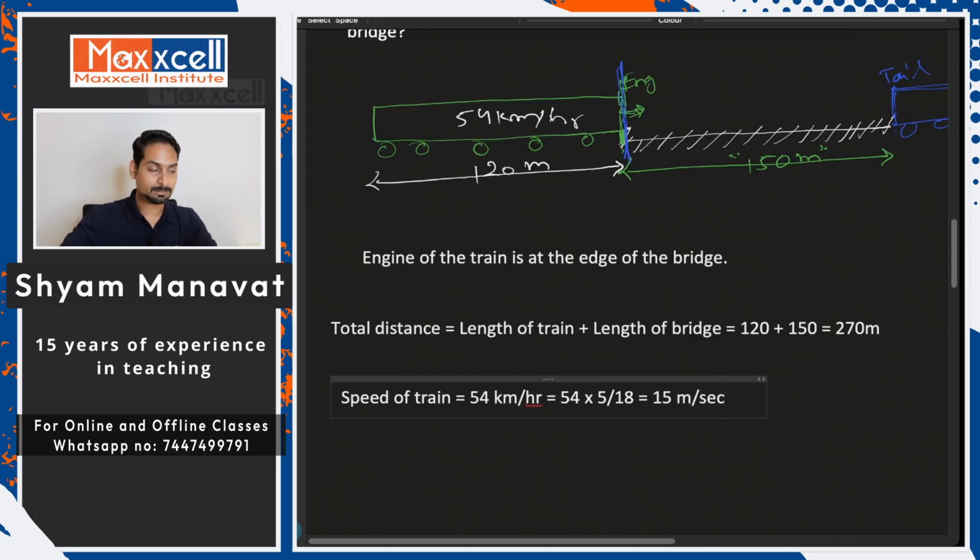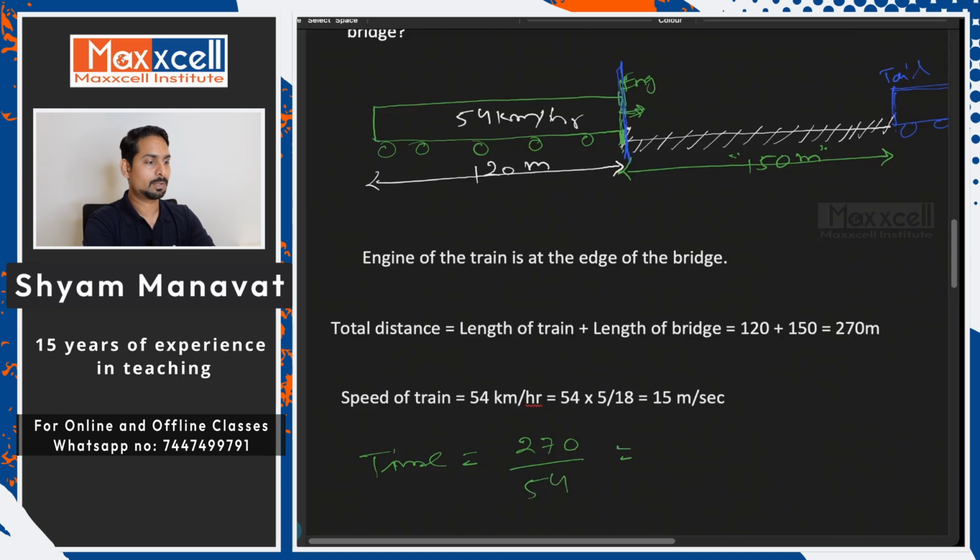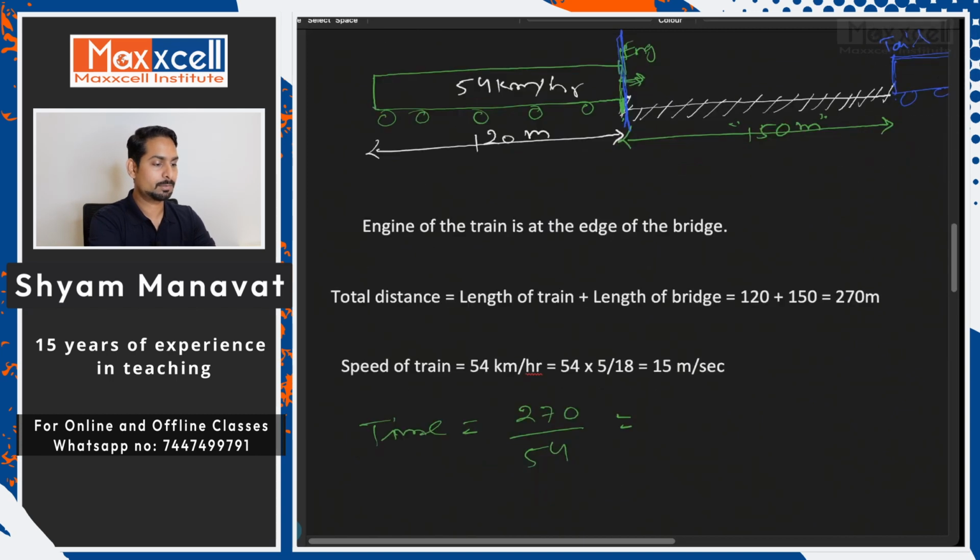Okay, so you got the speed, you got the distance. Now to find the time, you simply do what? Distance by speed, isn't it? Distance by speed. So this will be equal to what? This will be equal to 270 by 15, not 54, it will be 15.